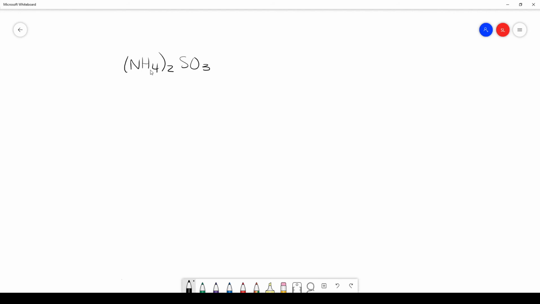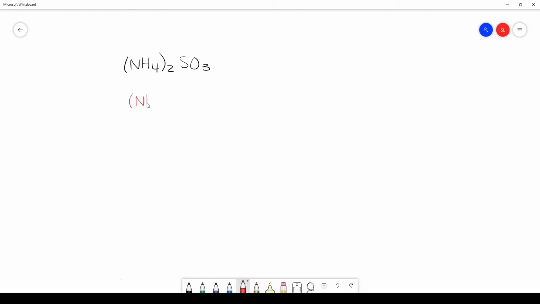So you look for a metal, or you look for the chemical formula for the polyatomic ion, NH4, and that tells you that the compound is ionic. We already knew it was ionic because I had said these are ionic compounds, but I just wanted to point out how you do that check, and that check is very, very fast.